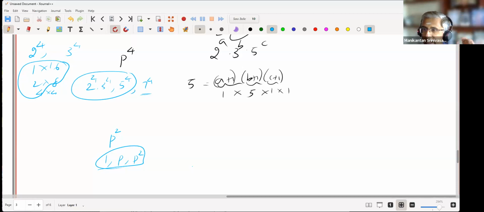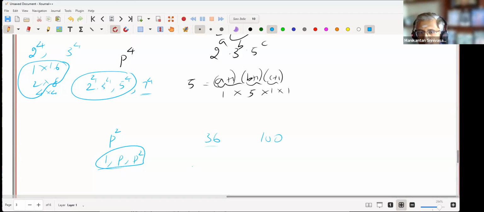But I'm asking if a number has an odd number of factors. I was asking, why does any perfect square have an odd number of factors? It need not be a prime square. For example, number 36 is not a prime square. It's 6 square, and 6 is not prime. Or number 100. 100 is 10 square. 10 is not prime.